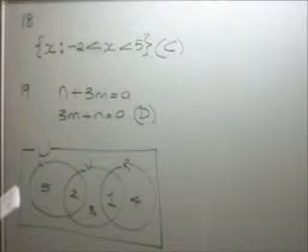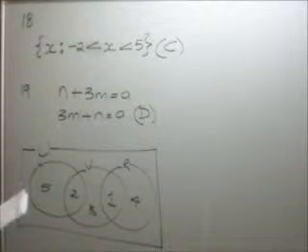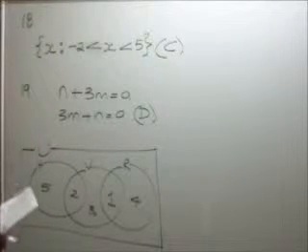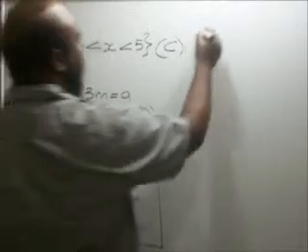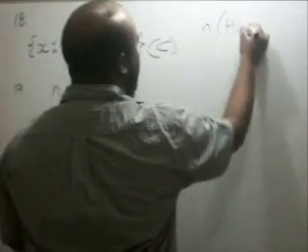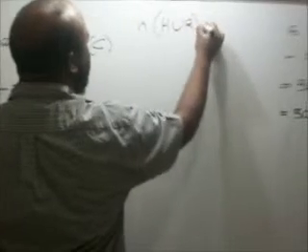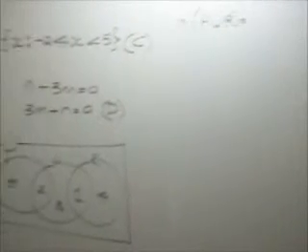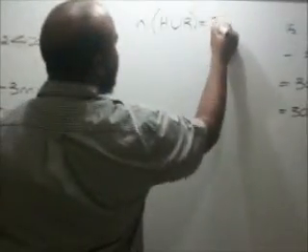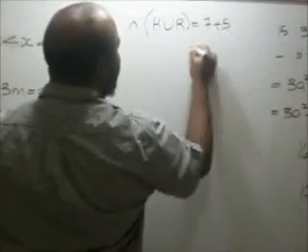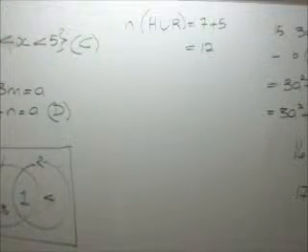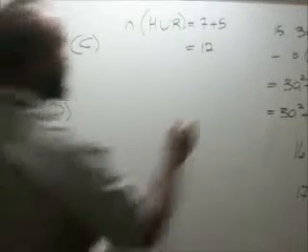Ladies and gentlemen, the way the question is worded is actually the definition for union. So we're talking about the number of students in H union R, which is equal to the number of students in H and R combined, which is what? 7 plus 5. So that's 7 plus 5, which is equal to 12. And I think that the answer there is D.